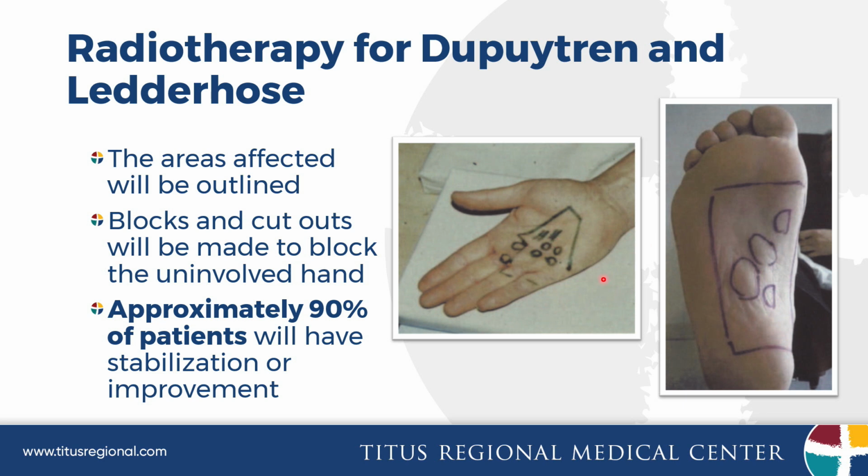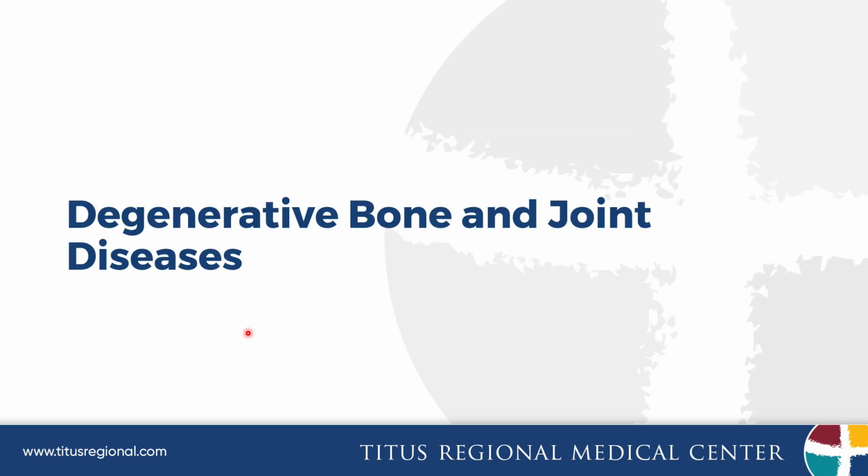And then this would be the intended area of treatment. We will then block out where we don't want to treat, which is the other parts of the hand, and we would deliver the radiation therapy. And shown here in bold, approximately 90% of patients will have some stabilization of their condition. That is, their condition will not worsen, or will have an improvement in their condition. That is, reduced pain and improved range of motion.